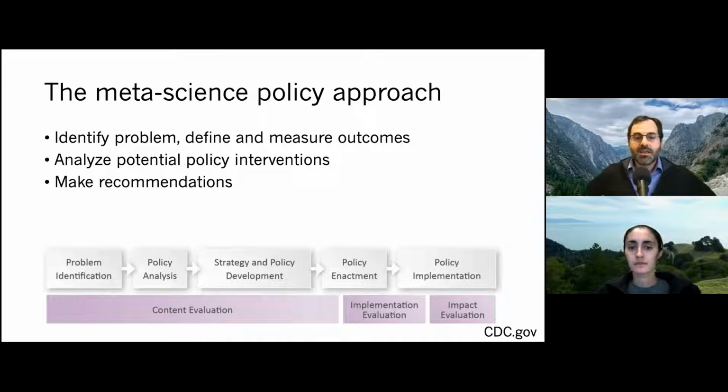And so for me, it was really transformative and interesting to get introduced, actually via the Reproducibility Project in psychology originally, to what I now think of as the metascience policy approach, which is that we can treat issues in the scientific ecosystem as issues like any other policy ecosystem, where we can identify a problem, define and measure outcomes, do policy interventions and analyze the potential consequences of those policy interventions, and make recommendations for further policy at the level of universities, at the level of journals, at the level of funders, and so forth.